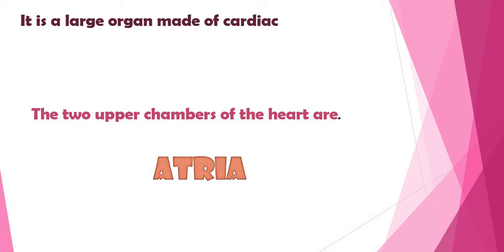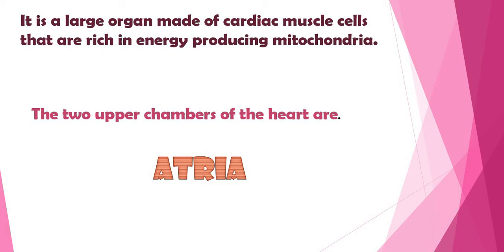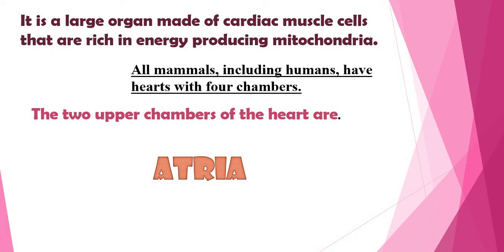We can describe the heart as a large organ made of cardiac muscle cells that are rich in energy-producing mitochondria because it needs a lot of energy to pump. All the mammals, including humans, have hearts that consist of 4 chambers, 2 upper chambers and 2 lower chambers.